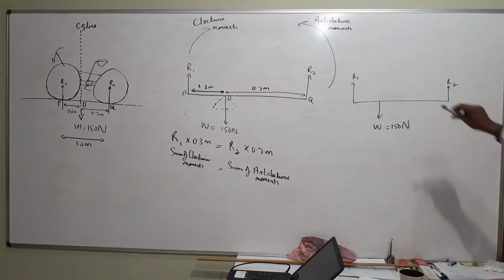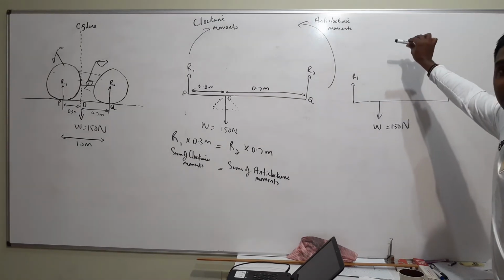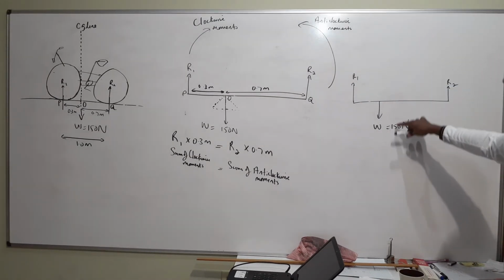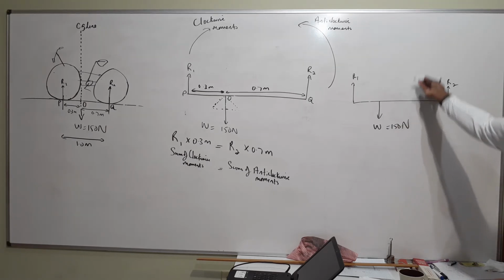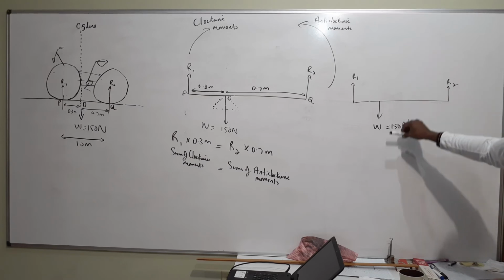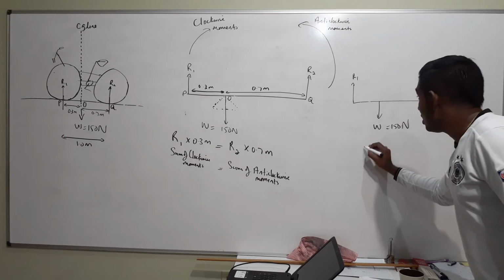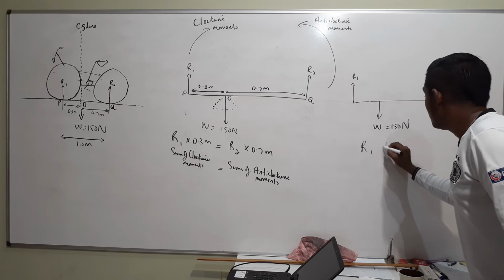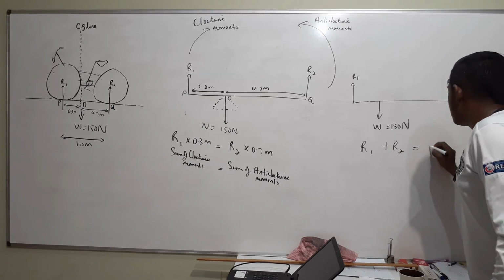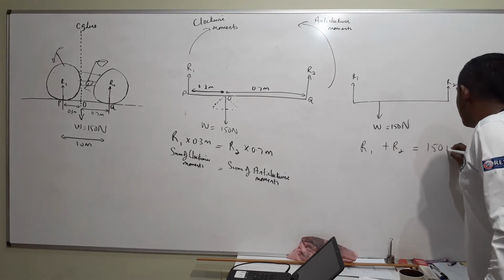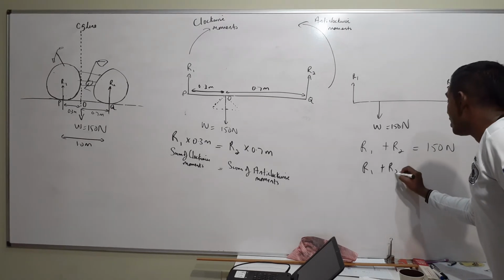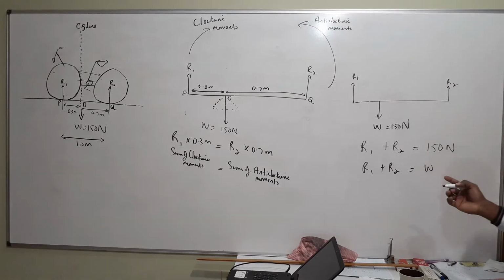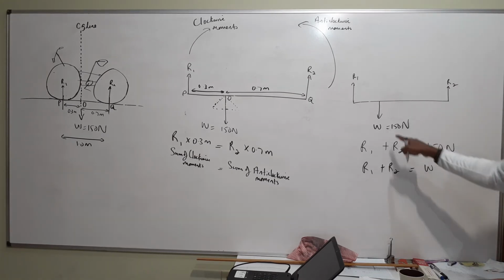So these are two forces going upwards, R1 and R2, and one force going downwards from the opposite direction, which is the weight. So forces in one direction equal forces in the opposite direction. So the other equation would be R1 plus R2 equals 150 newtons. Or it could have been R1 plus R2 is equal to W. W, of course, being the weight, which is 150 newtons.